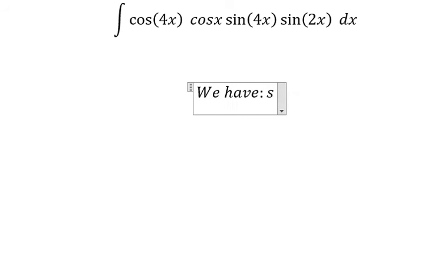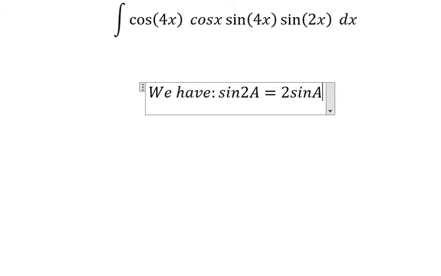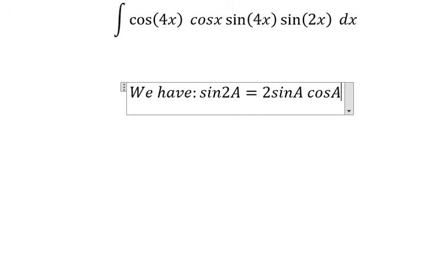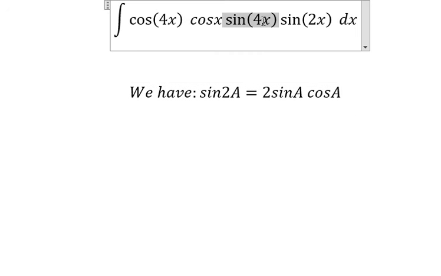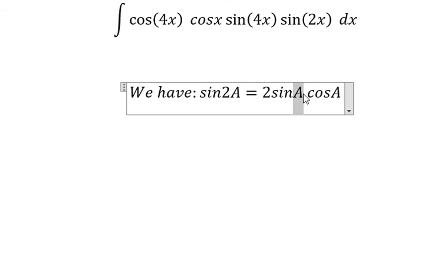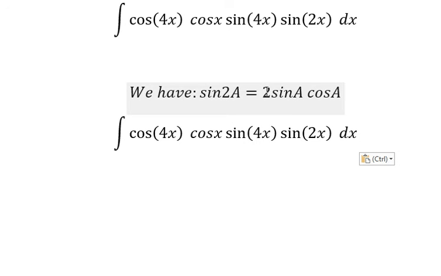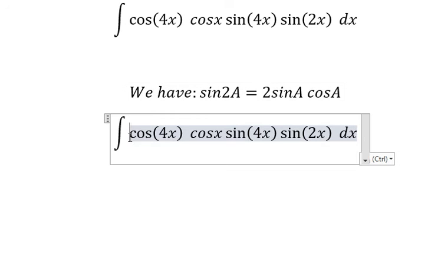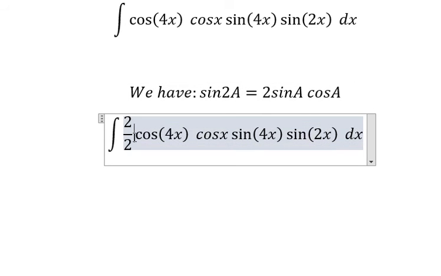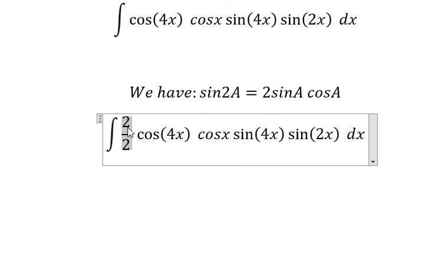That is about sin 2A equals 2 sin A cos A. So we have sin 4x cos 4x. That is represented by capital A. To do this one, we need to have number 2. So I will put 2 over 2, because this one you get number 1.